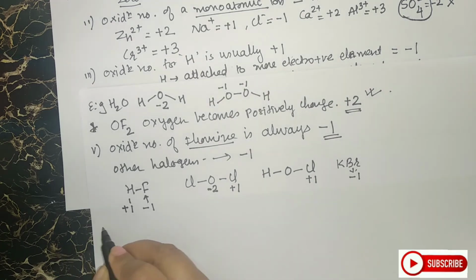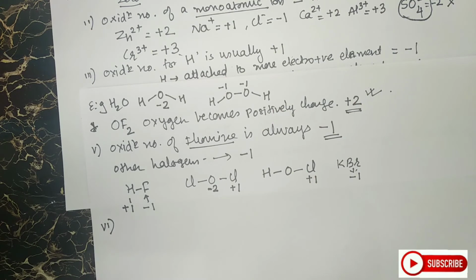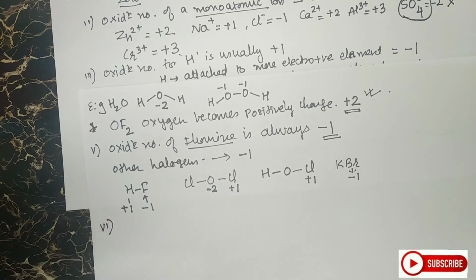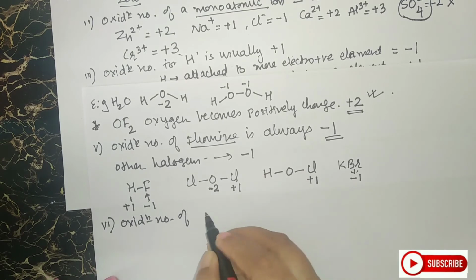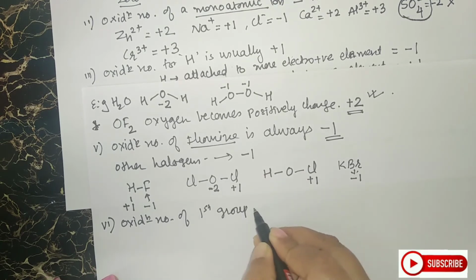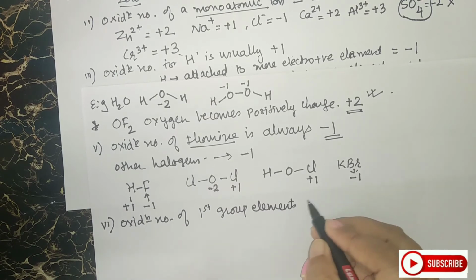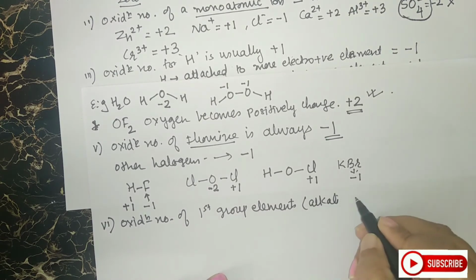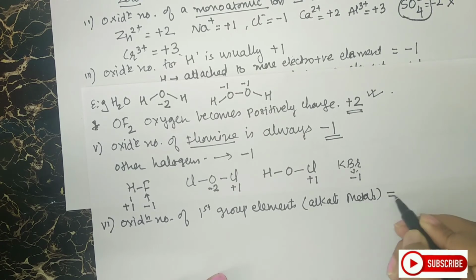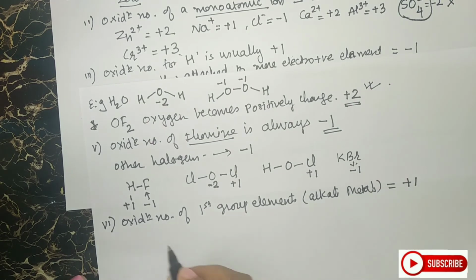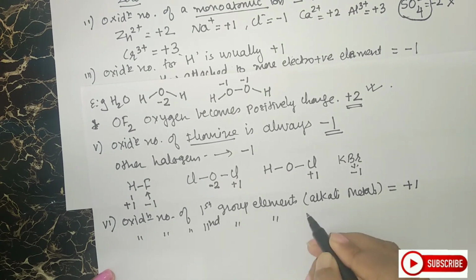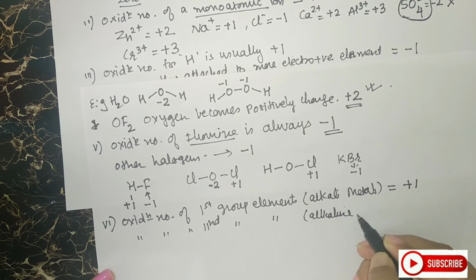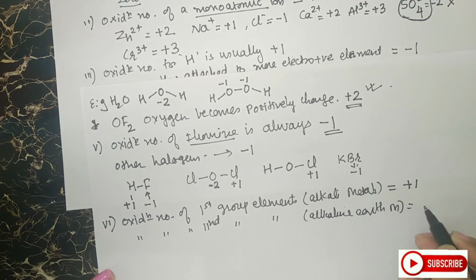The next very important rule depends upon the group numbers, because most of the elements exhibit the oxidation number according to the group number. So the oxidation number of first group elements, that is alkali metals, is always +1. Similarly, the oxidation numbers or states of second group elements, that is alkaline earth metals, is +2.